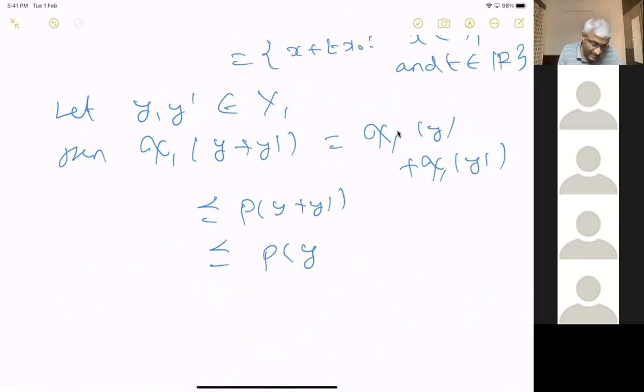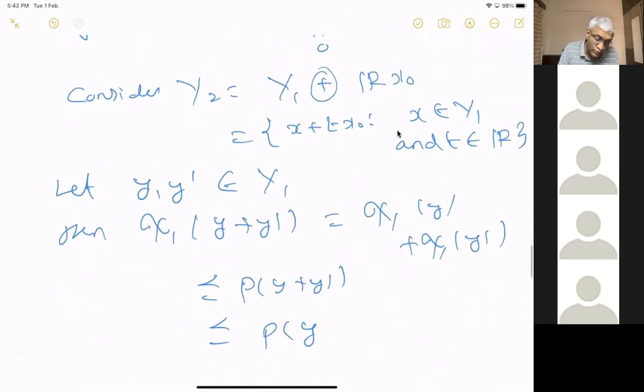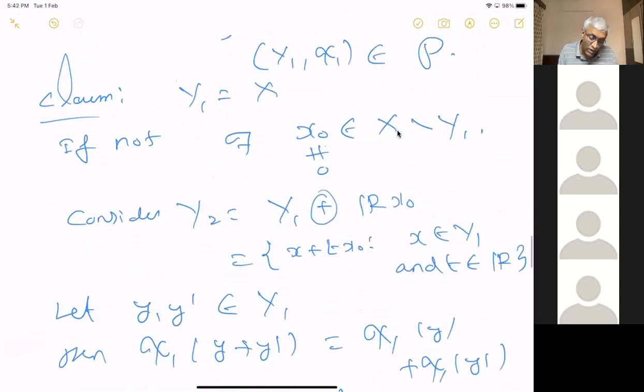So if we have any two y and y prime, because chi1 is linear, of course, we got a subspace y1 and a linear functional chi1, which extends the original functional phi naught. We want to prove that this y1 is nothing but the whole space x.